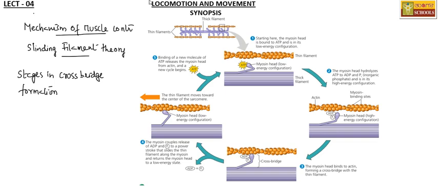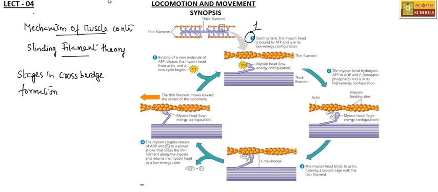Right, so here you can see, once the calcium ions bind with troponin C, this is the starting point, the first stage. Here the myosin head is bound to ATP and is in its low energy configuration, and you can see the actin filaments are already showing the active sites.